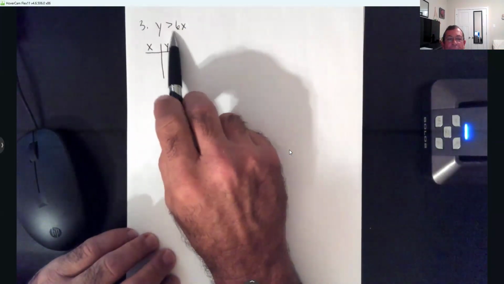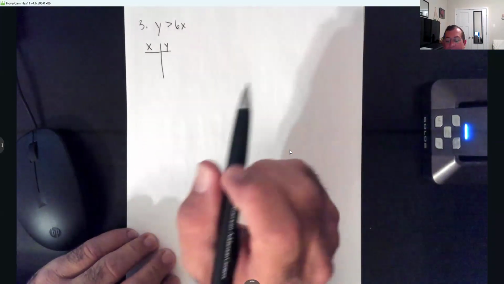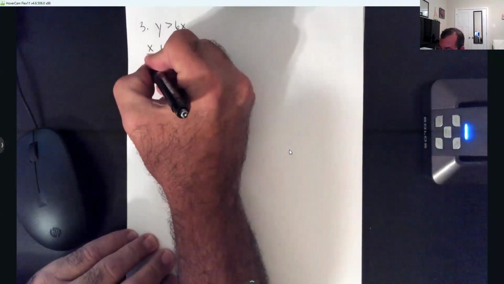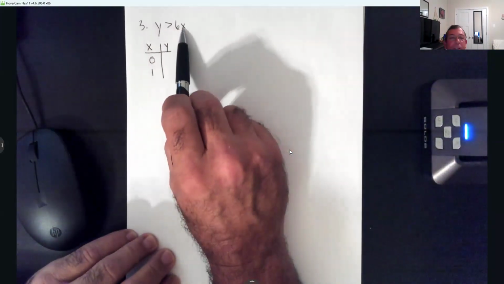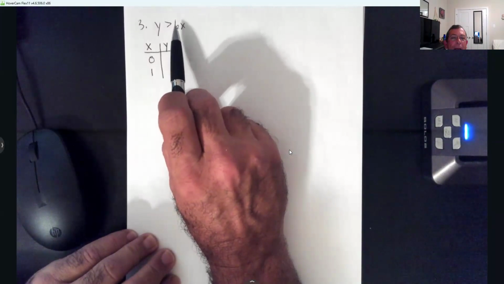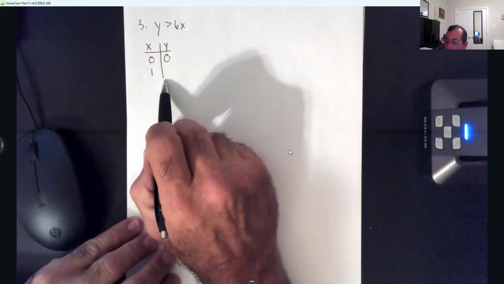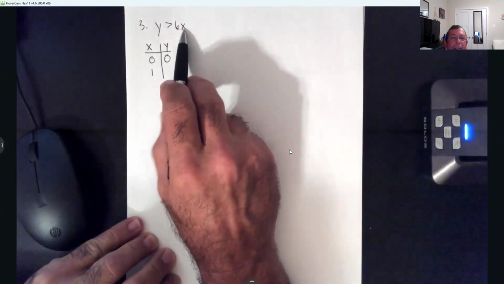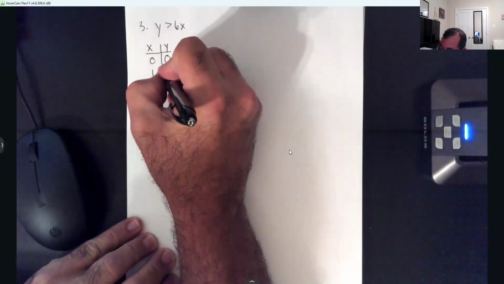Remember, the thing you got to do, pick out two x values that you want to plug in there and multiply by 6. So the two easiest ones for me are 0 and 1. So if you put a 0 in for the x, 0 times 6 is 0. If you put a 1 in for the x, 6 times 1 is 6.